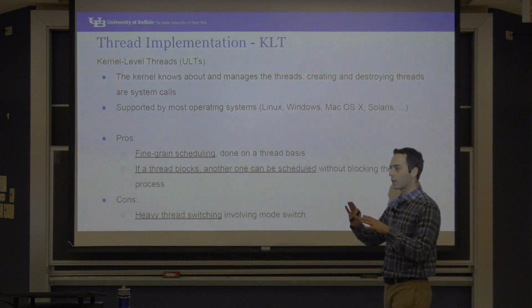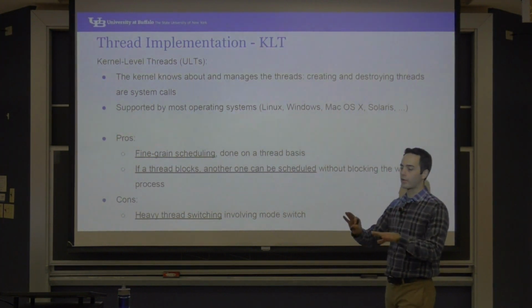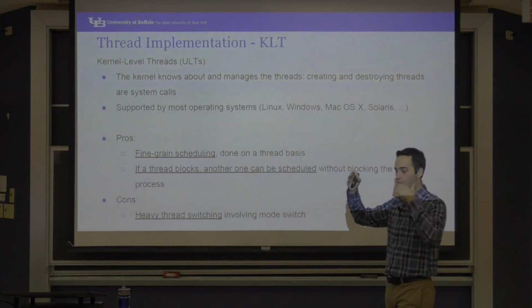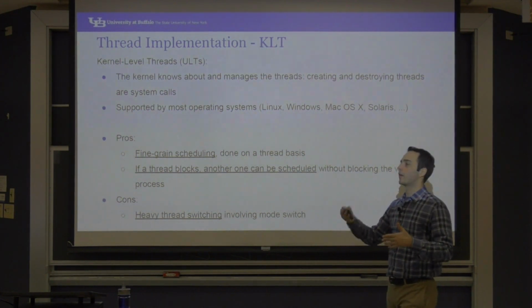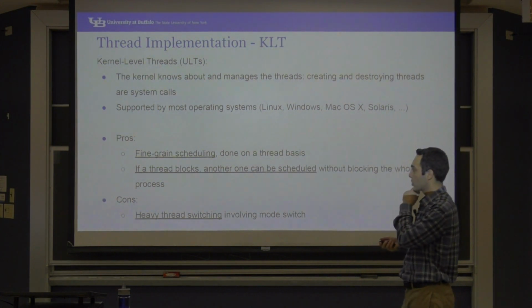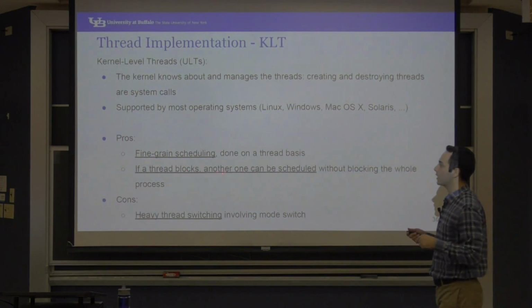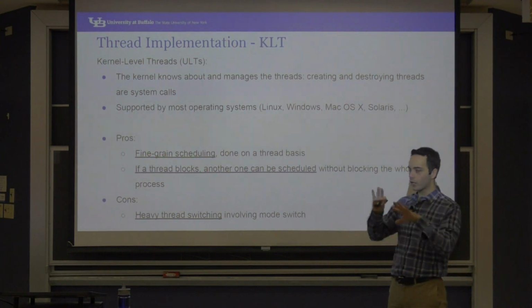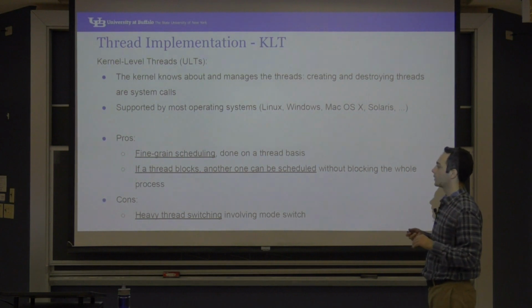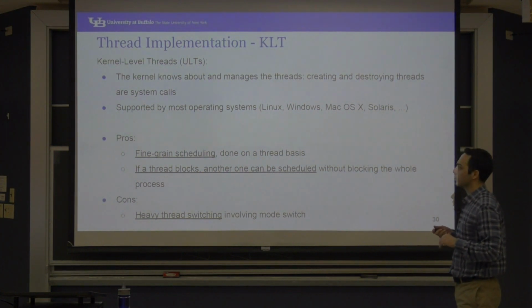And if a thread is blocked, it doesn't have anything to do with the other threads. So if a user has multiple threads assigned to different kernel threads, then they're independent, right? This is the same thing that we've seen, but instead of process scheduling, it's finer because it's now thread scheduling. And this was the downside of the previous one. This one doesn't have that.